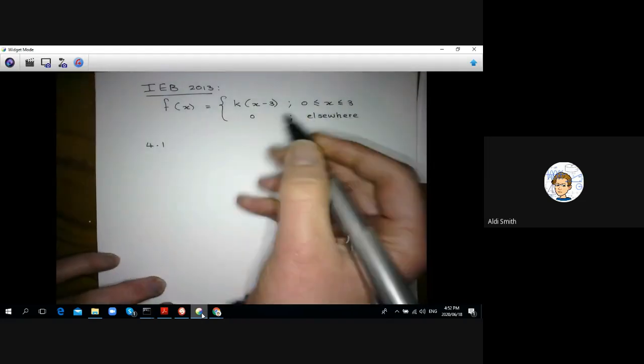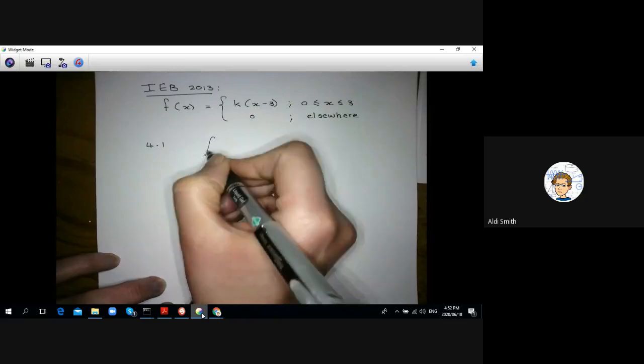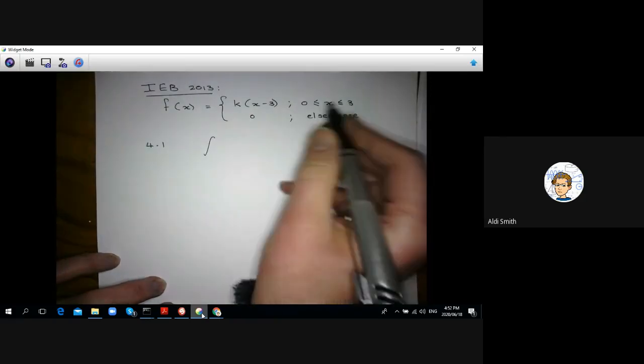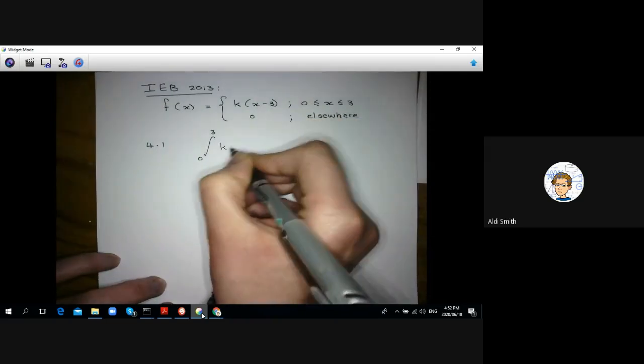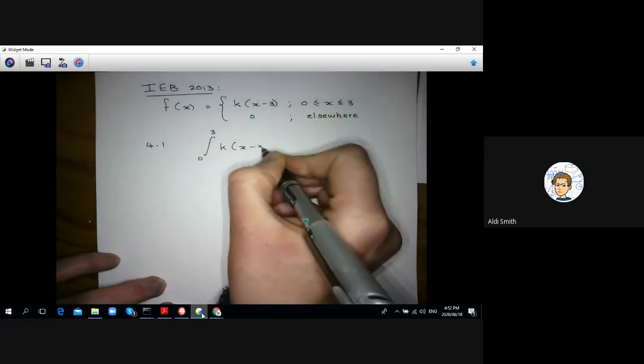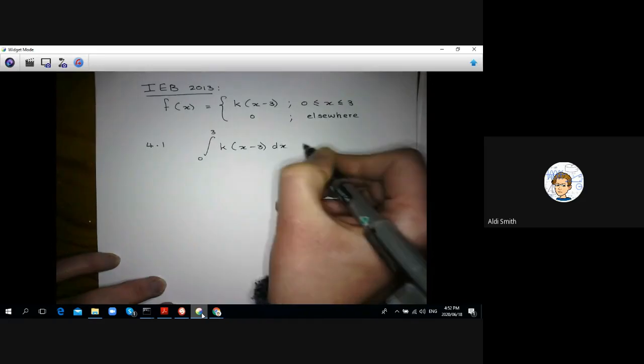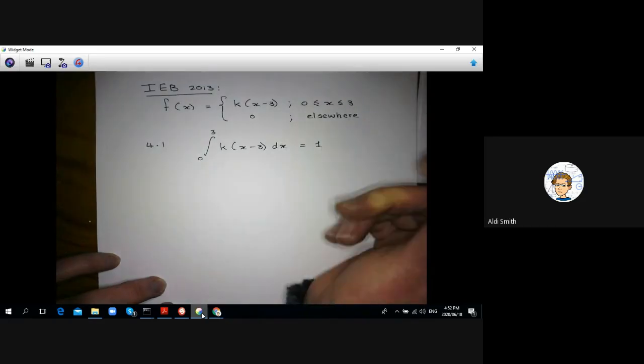When you calculate k, you say the total area underneath the curve from 0 to 3 of that function, and don't forget the dx, has to be equal to 1, or else it's not a probability density function.